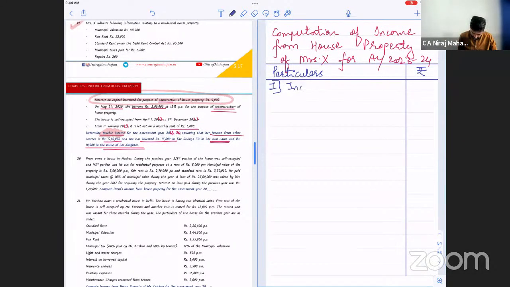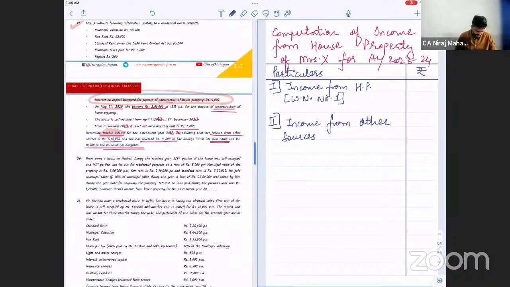So I'm writing income from house property, in short, and I'm writing a reference, working note number 1. And second, income from other sources. That figure is already given to us, 5 lakhs.